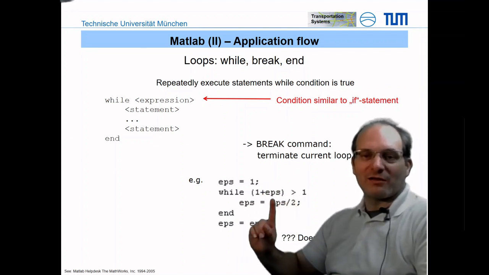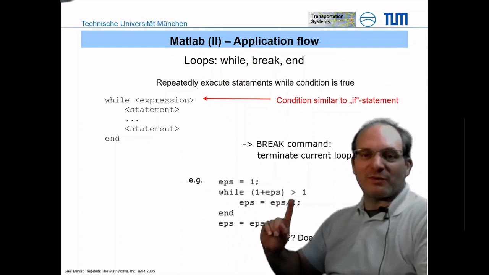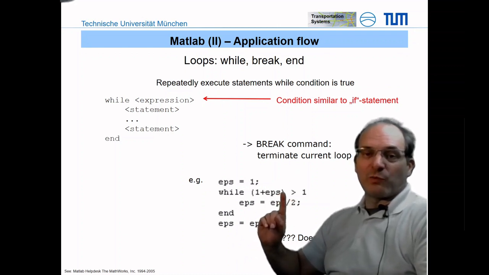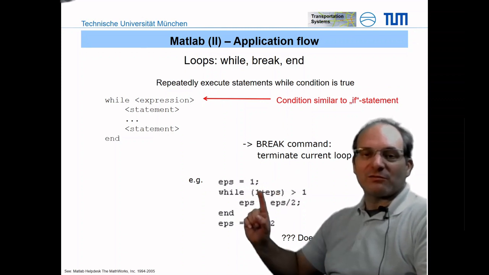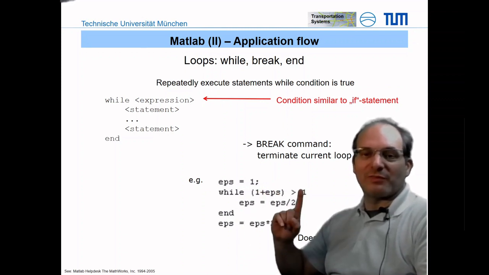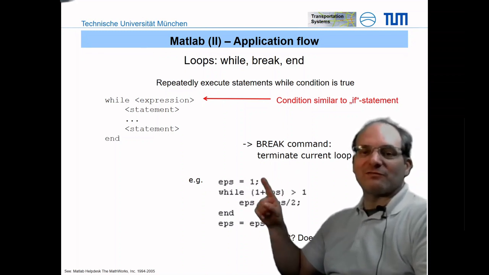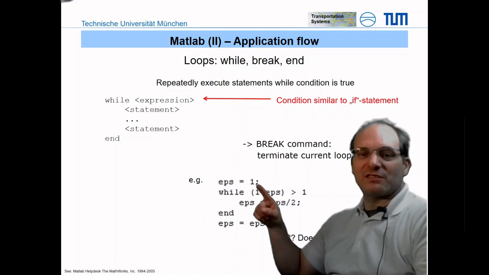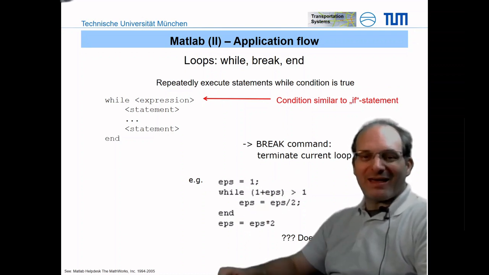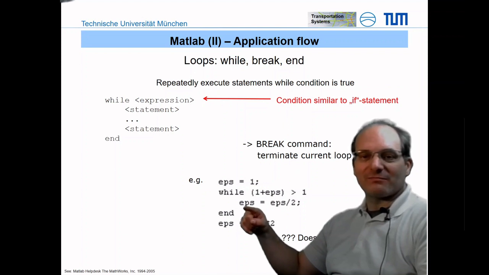So we operate again. 0.25 divided by 2 is 0.125. So 1 plus 0.125 is bigger than 1. So we operate. So it will always divide. And in math, this will never end.